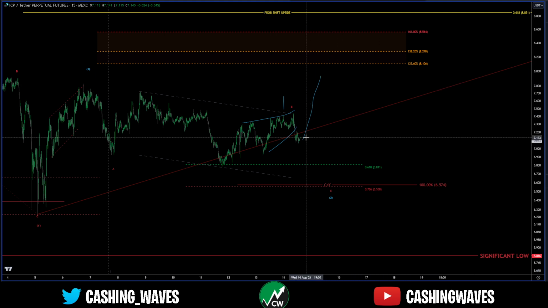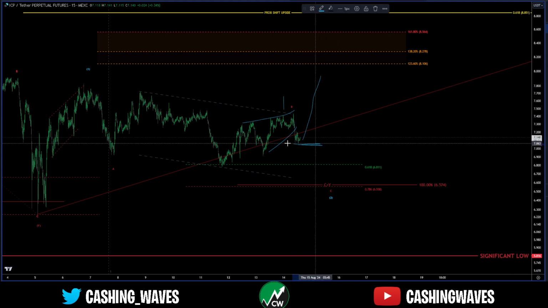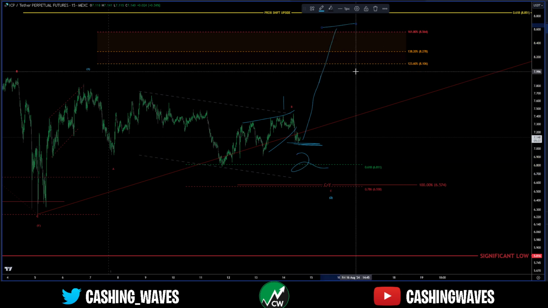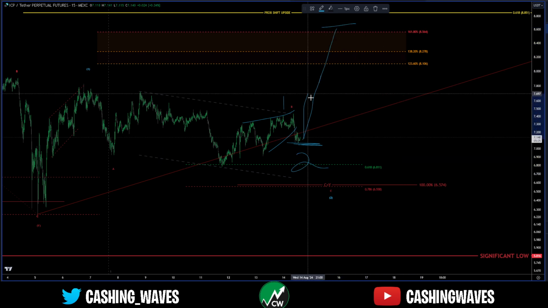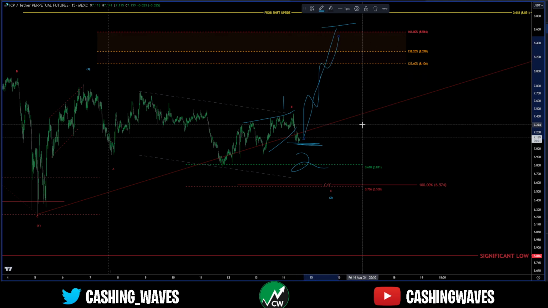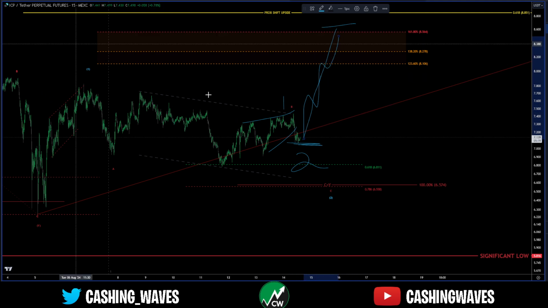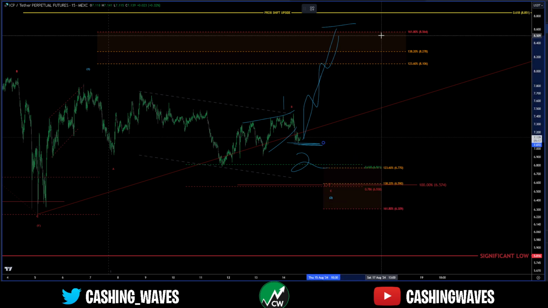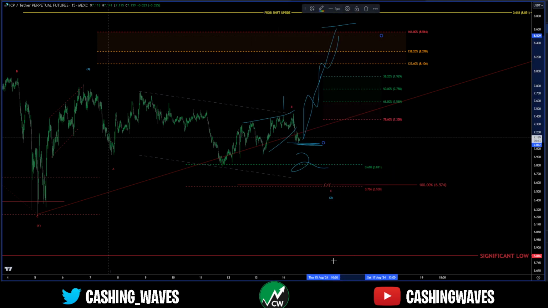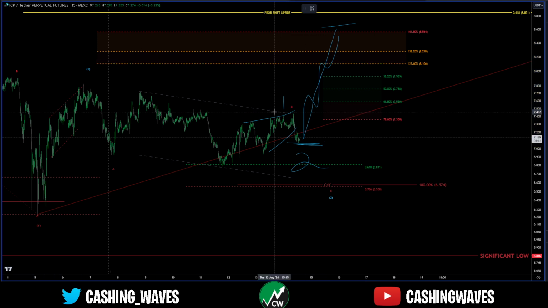And I will look for a stop either at this level, because we shouldn't come back to that once we get above that level, or if we have some sort of pattern here, wherever the invalidation is on that scenario, which would most likely be a third wave. So it would be the overlap of wave 1 right here, right?